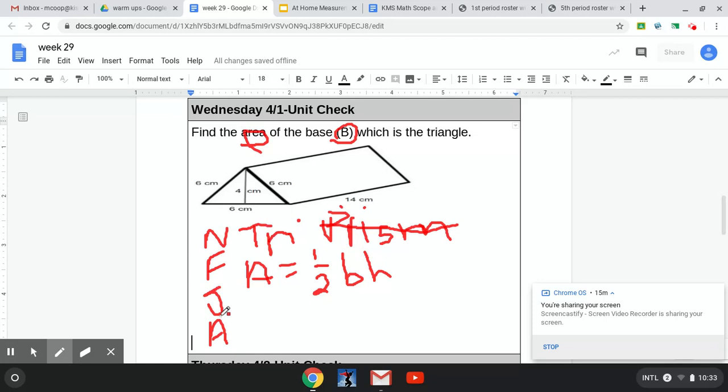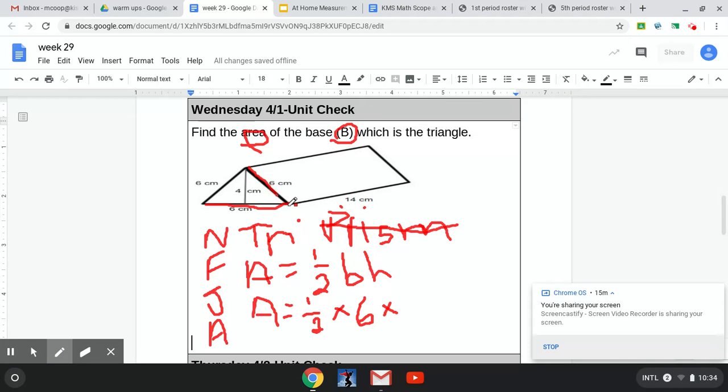The other mistake we sometimes make is pulling the correct numbers. So we've done a pretty good job of making sure that we get the correct height. So on substituting, I still have 1/2. If I'm just looking at the triangle here, the base is 6. So I have times 6, and the height, remember, has to go straight up and down.